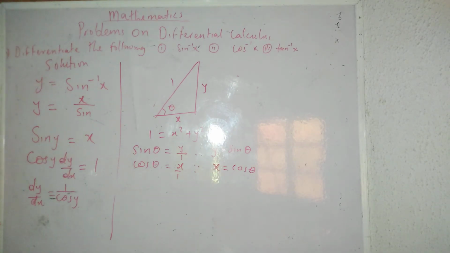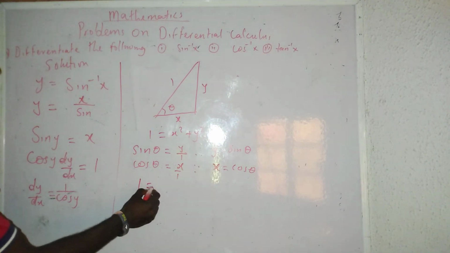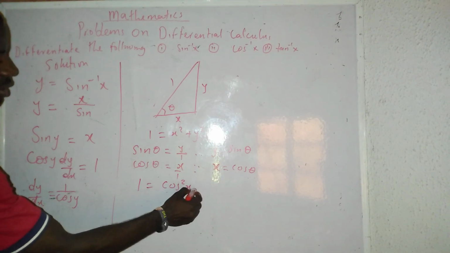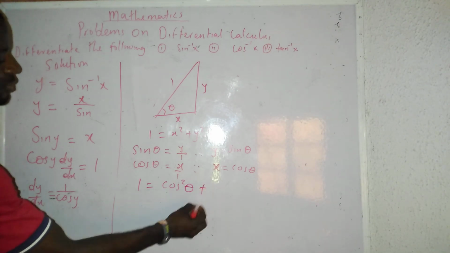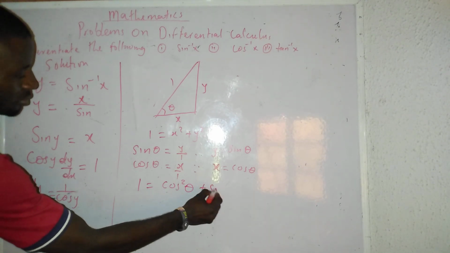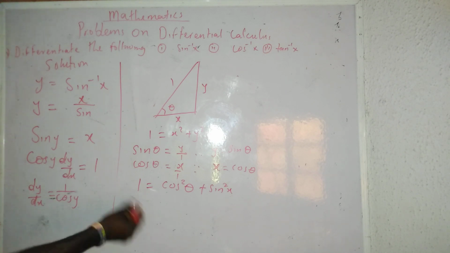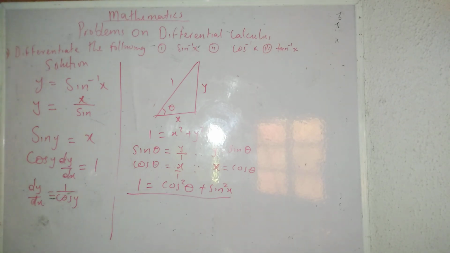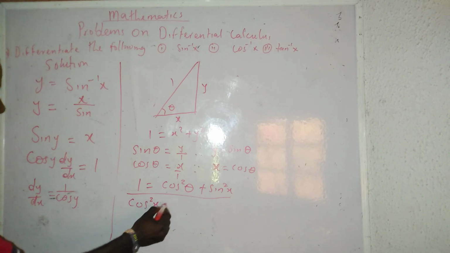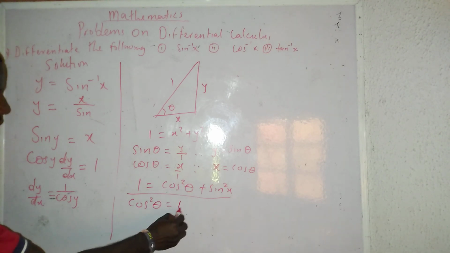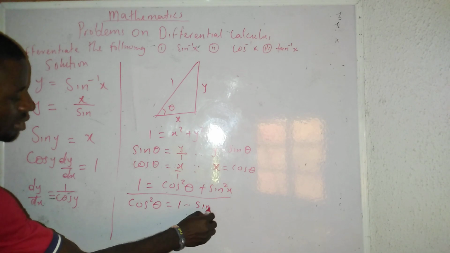By so doing that, I can say that 1 equals cos square theta plus sine square theta. This is from our Pythagorean theorem. Now, I can also say that cos square theta equals 1 minus sine square theta.